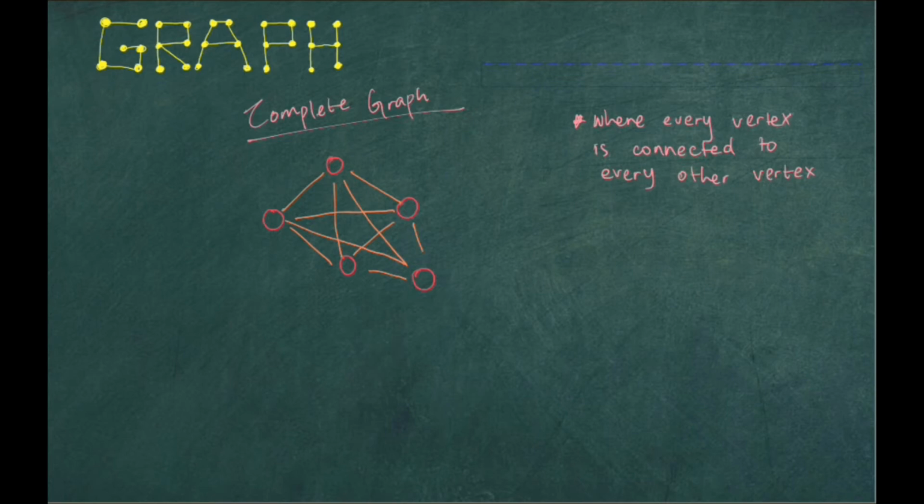But as you can see, as the number of vertices gets greater and greater, the number of edges we have to add also gets greater. So as you'd imagine, once your graph gets as big as this, if you still want it to be a complete graph, there are going to be many edges.